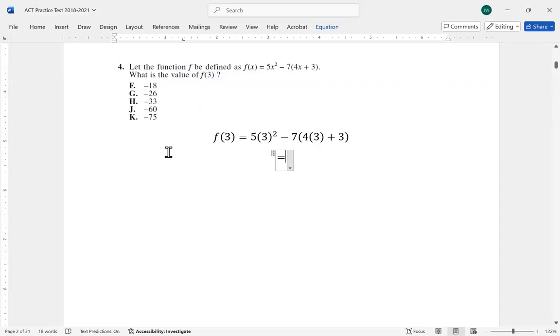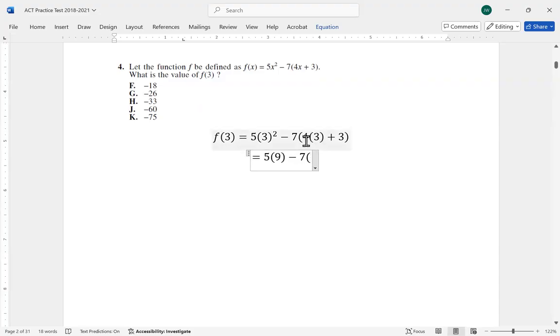So what happens is we have to do order of operations. I can plug this all into one line on my calculator if I want, as long as I have the correct position on the parentheses. But if you're doing this by hand, you would take 5, 3 squared is 9, so that's 5 times 9 minus 7.